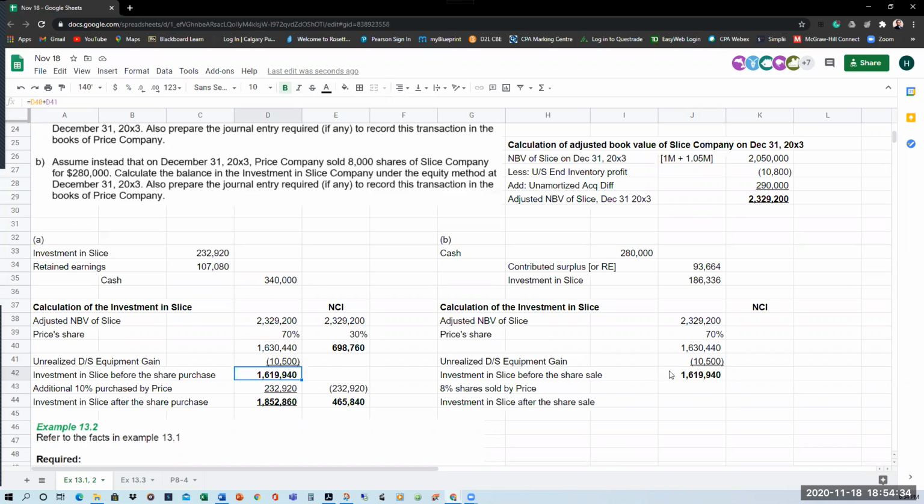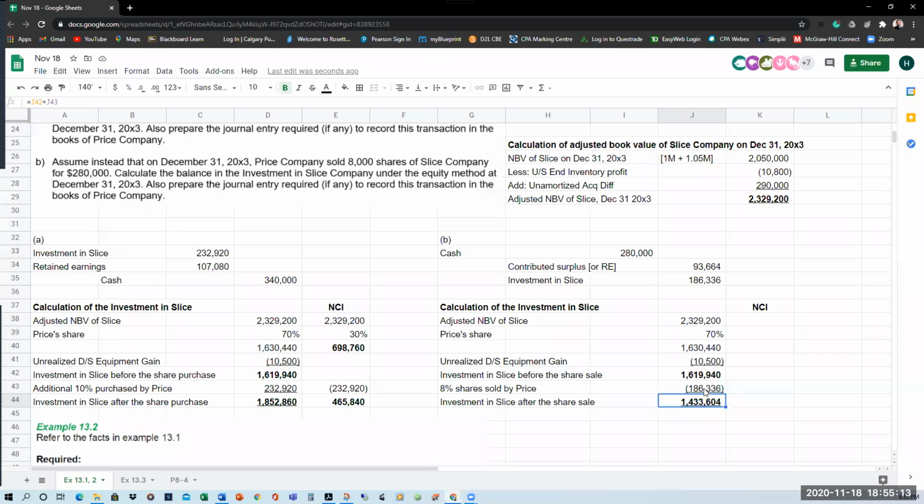I'm just trying to show you that thus far, nothing would have changed. After the 8% shares are sold, we would reduce the investment in Slice by 186,336. So lower the investment account by the book value sold. And so after the shares are sold by the parent company Price, the investment account will be worth 1,433,604.